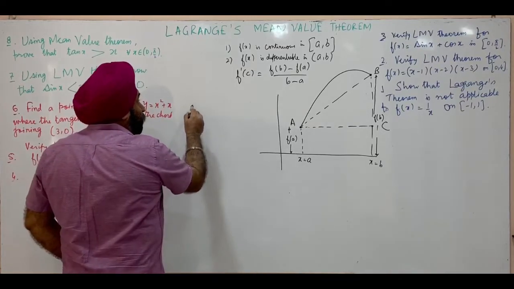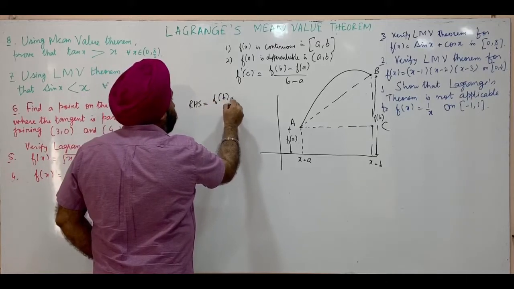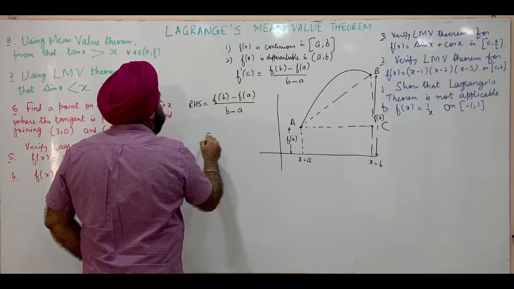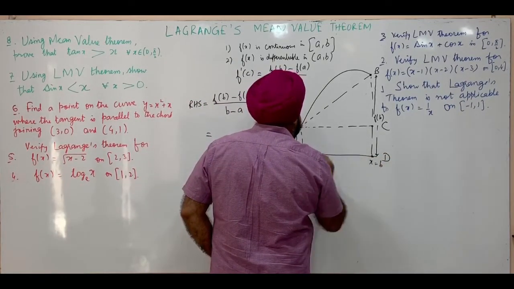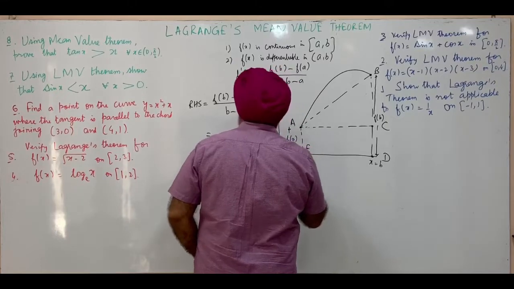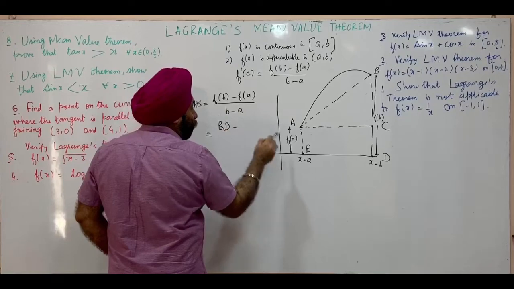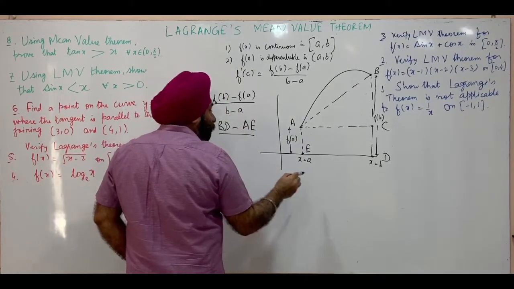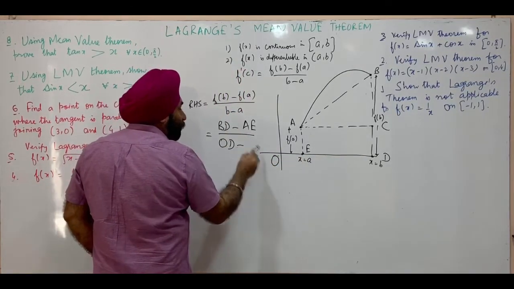So let us understand what is the right hand side of the result. Right hand side is f of b minus f of a upon b minus a. F of b, let's say this point is D and this is E. So f of b is BD minus f of a is AE. B is OD minus A is OE.